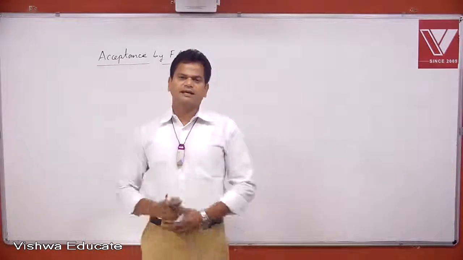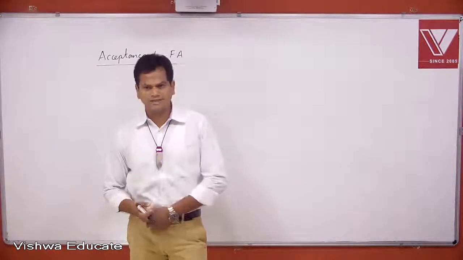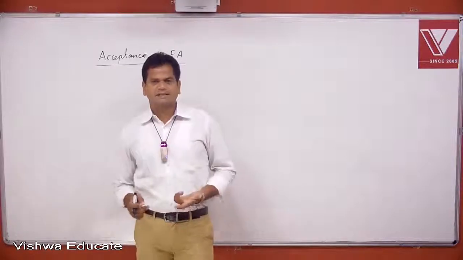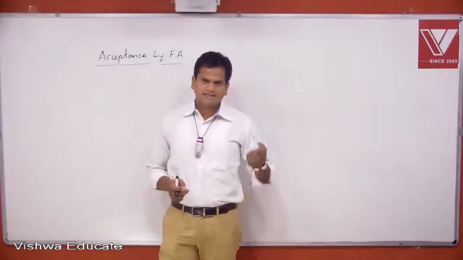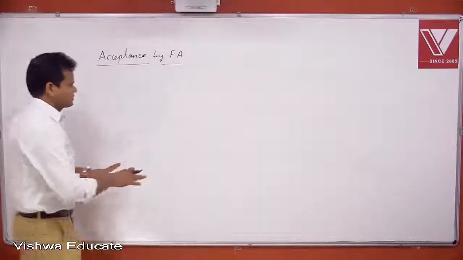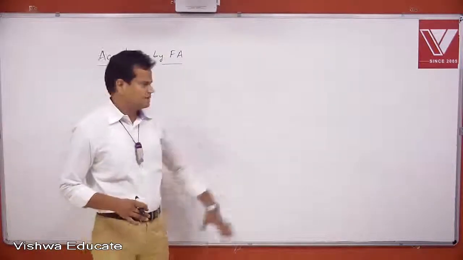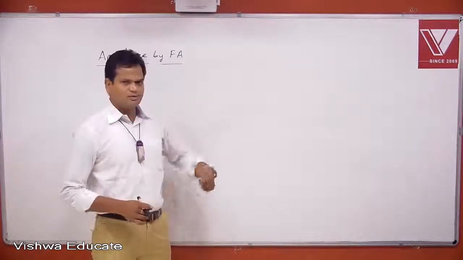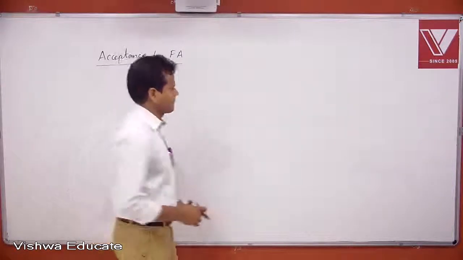Acceptance by finite automata means how we can say a string is accepted by finite automata. Okay, first I'll give you one example of finite automata, then I'll tell you how to accept a string.